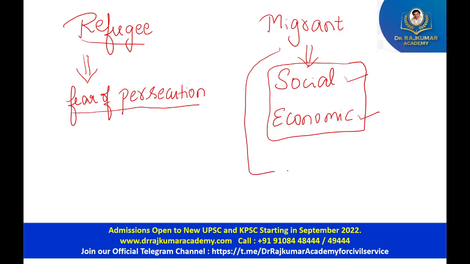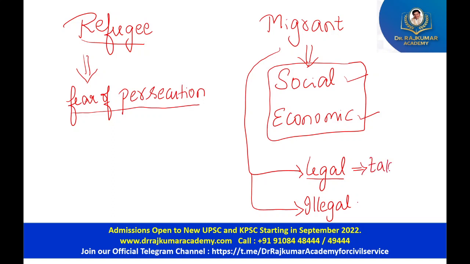Now, these migrants can be divided into two ways. One is legal migrant, another one is illegal migrant. Now, when I say legal migrant, it is someone who has taken permission and has entered into the country.